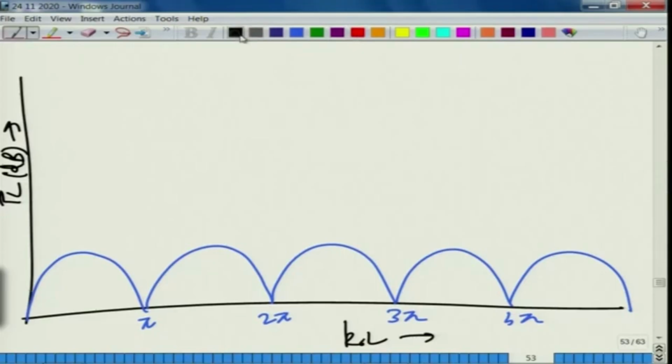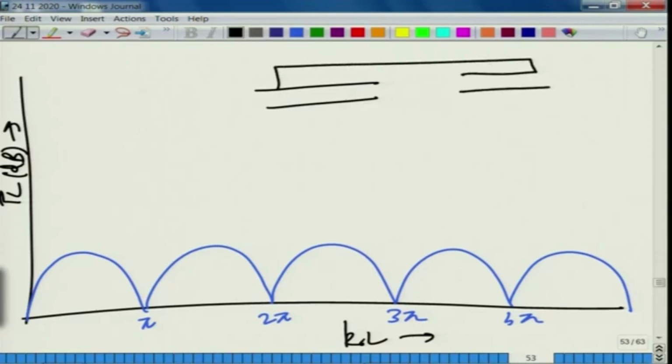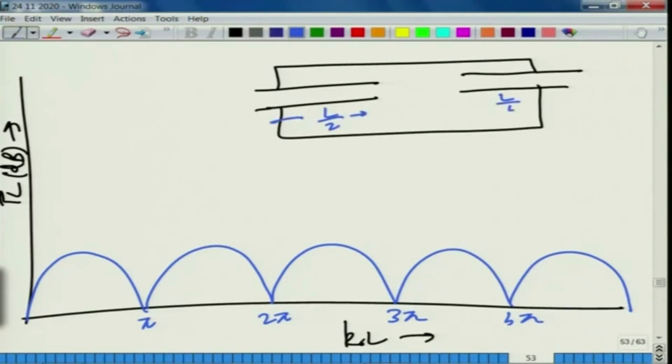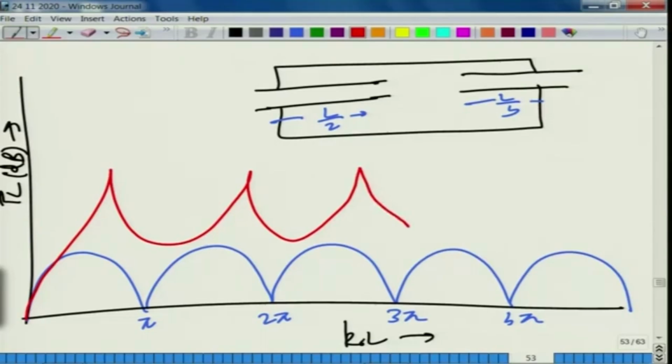When you choose L by 2 and L by 4, we are possibly going to get a curve where it kills the third trough as well, and here it is going to break down. It might increase here, but that increase is probably inconsequential because you already have a dip here at the fourth trough.